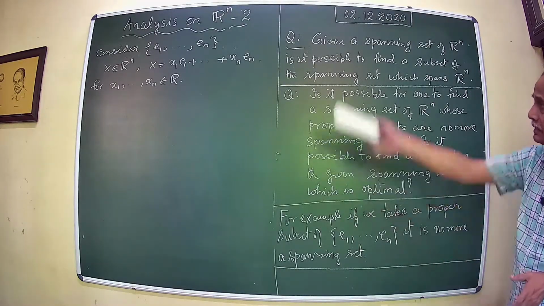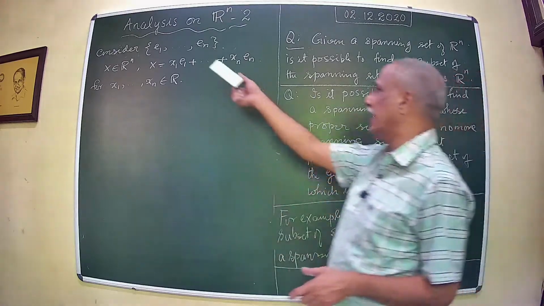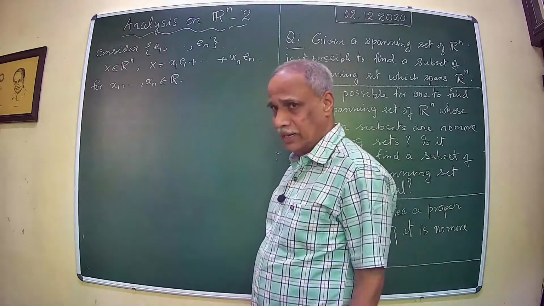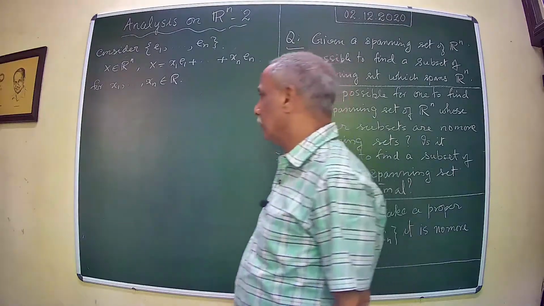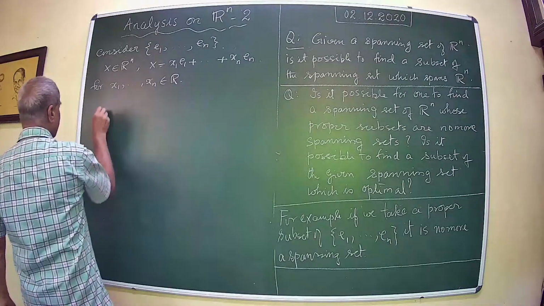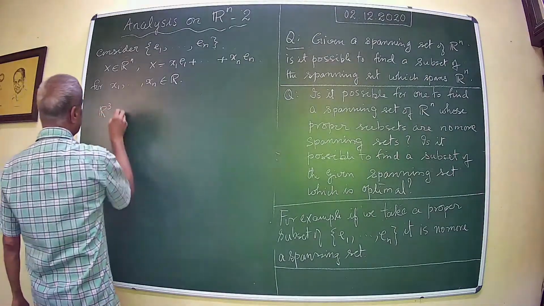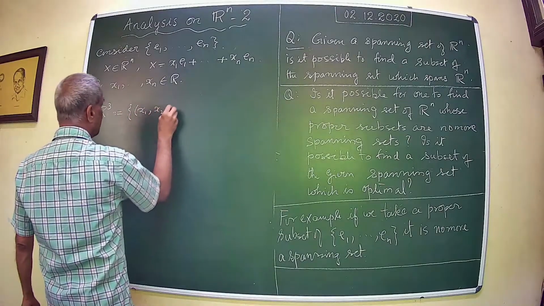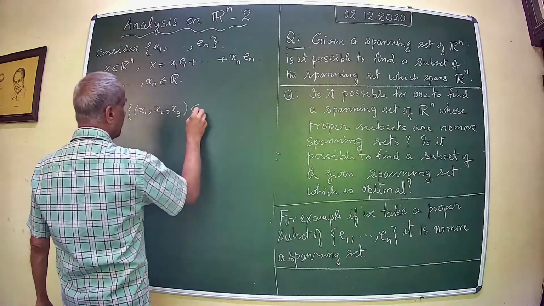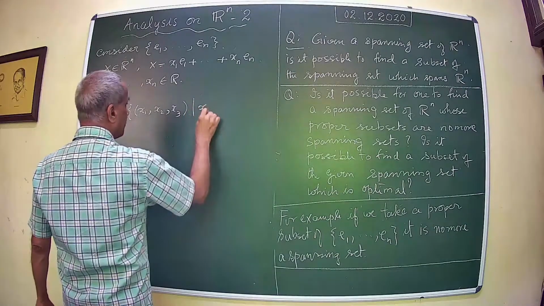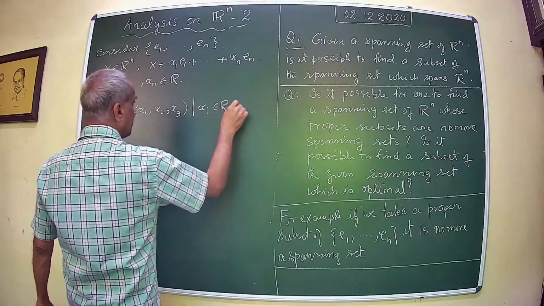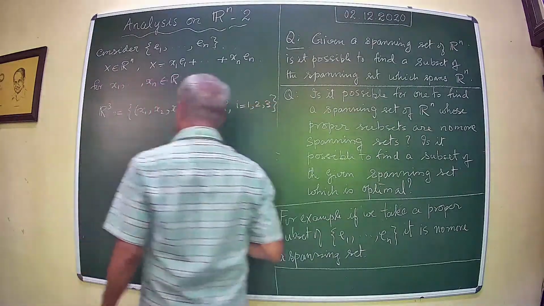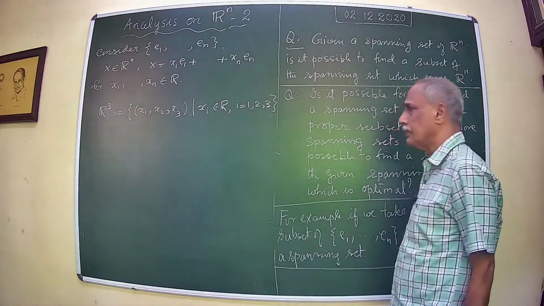But if I just take out one element from this, it is no more able to take care of certain vectors. For instance, let us look at R3 with the usual addition and scalar multiplication, and put n equal to 3.